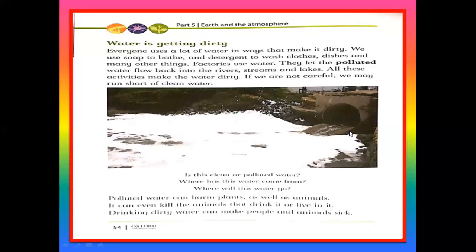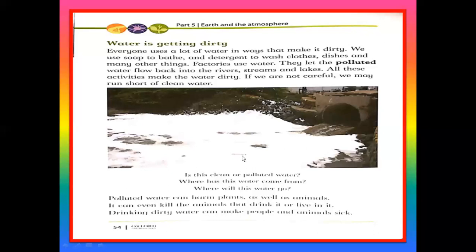Okay, this water is coming from the factories and from the homes. I mean, this is polluted water, and it can flow back into the rivers, streams, lakes, and then these again flow into the oceans. And then that ocean water becomes dirty.